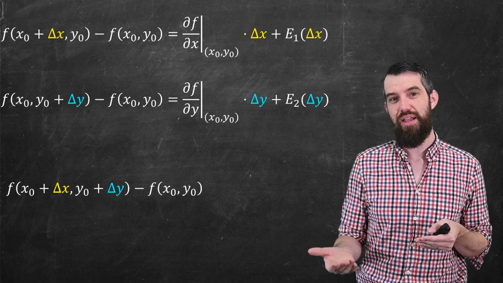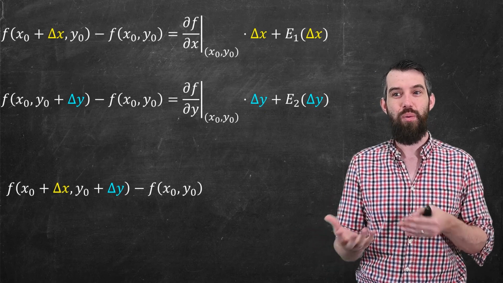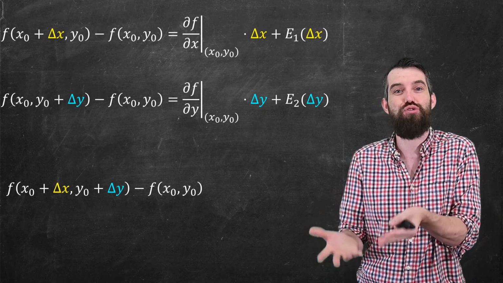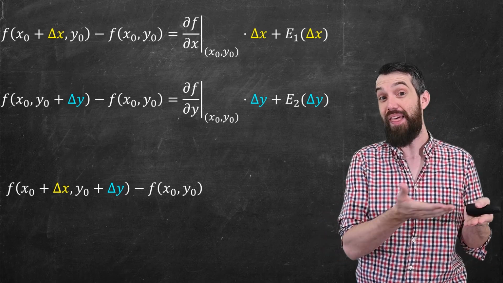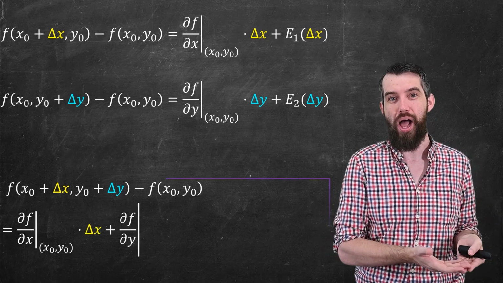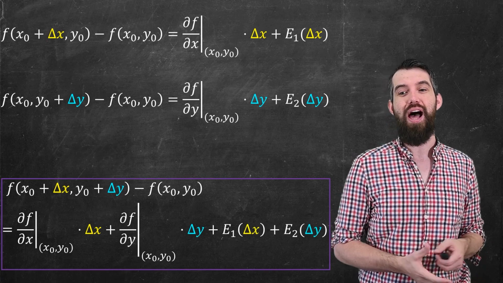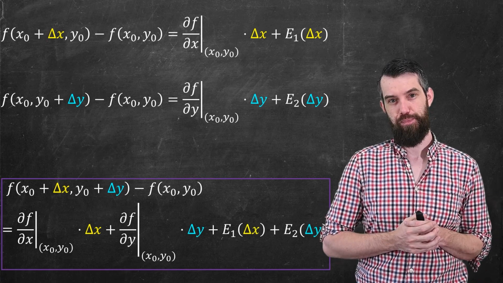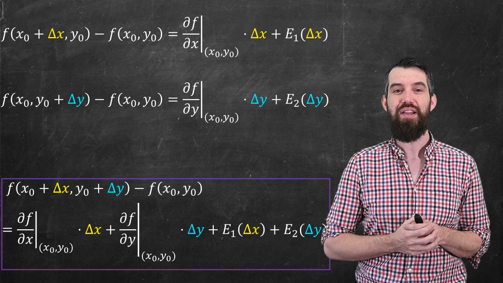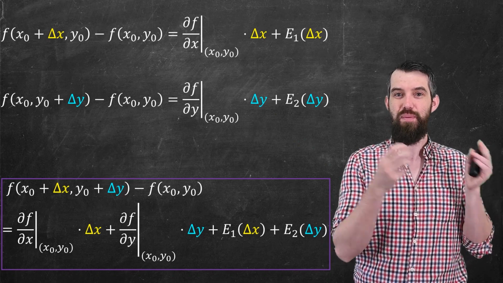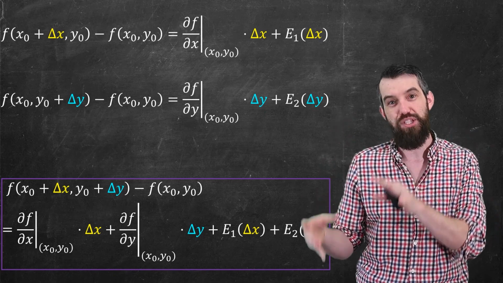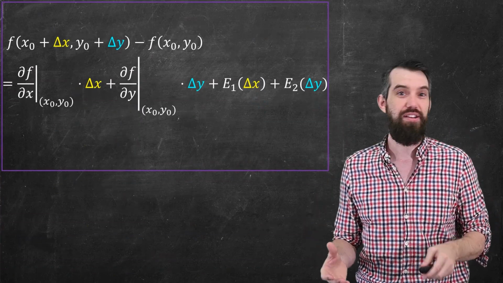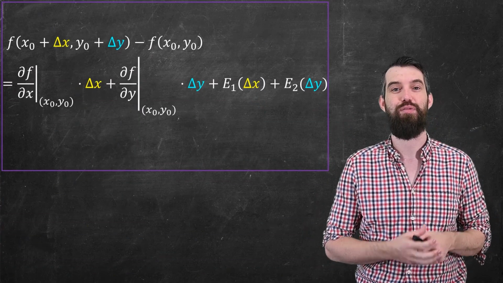So the argument here is that when you change x, we have this approximation in terms of the partial derivative with respect to x. When you change y, we have the approximation of the effect that that has in terms of changing y. So what if I set this to be the sum of those 2 things? That is, I have a component which is the change in x and a component which is the change in y, and the error from changing x and the error from changing y. And indeed, if I add just a couple more things, let me give myself a bit more space.